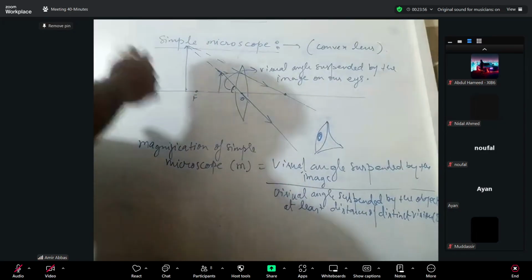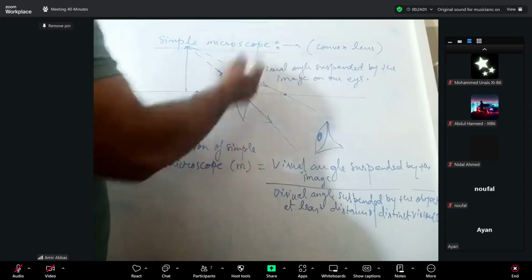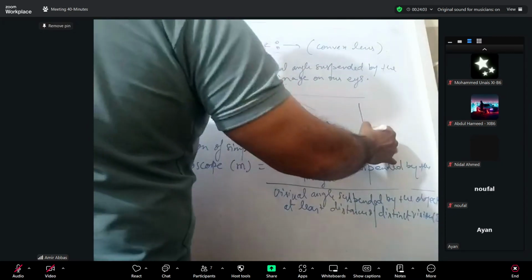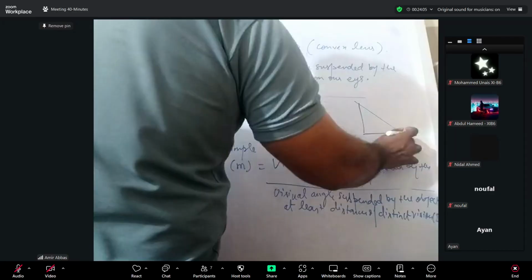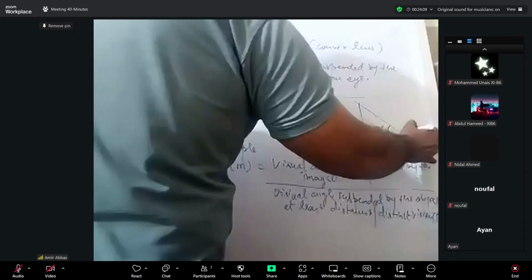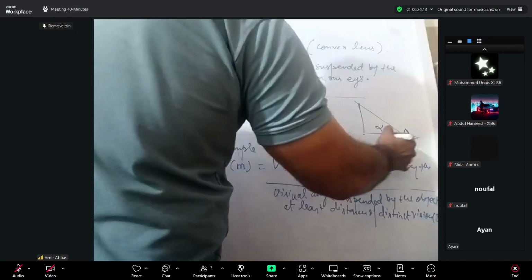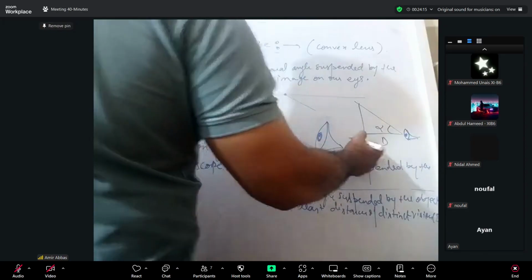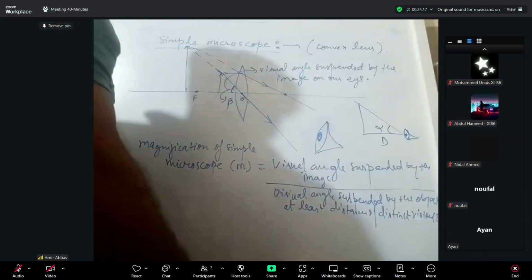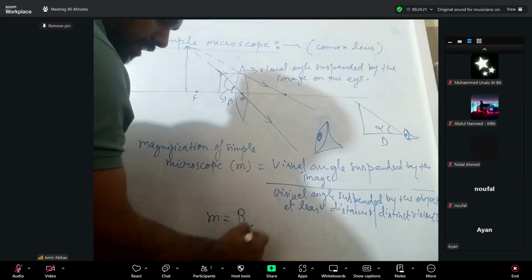So we can say the beta is the angle in the initial stage, when the object is at the least distance of distinct vision from the eyes. How much angle, let us say alpha, it is forming on the eyes. This is D. Then we can write M is equal to beta by alpha.